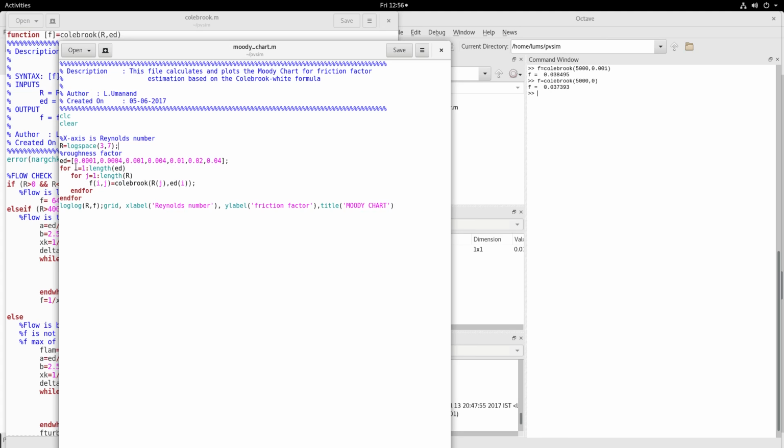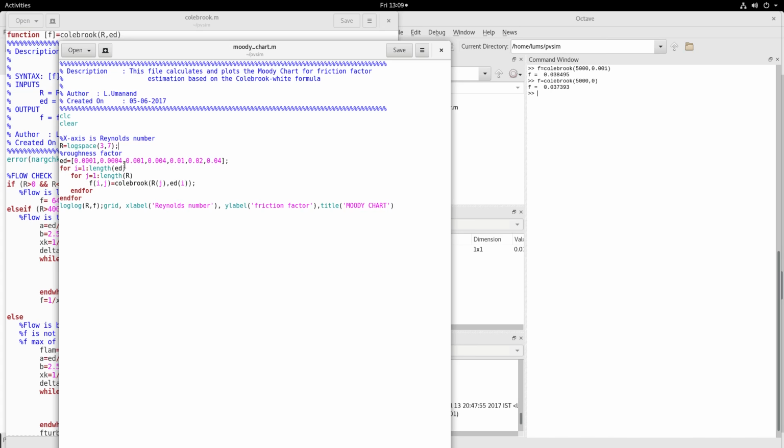And the roughness factor, I have just given a few select points, because in the literature there were certain roughness ratios that were used. So I have used the same roughness ratio values so that I can compare the graphs I get from this Moody chart with the Moody chart of the literature.